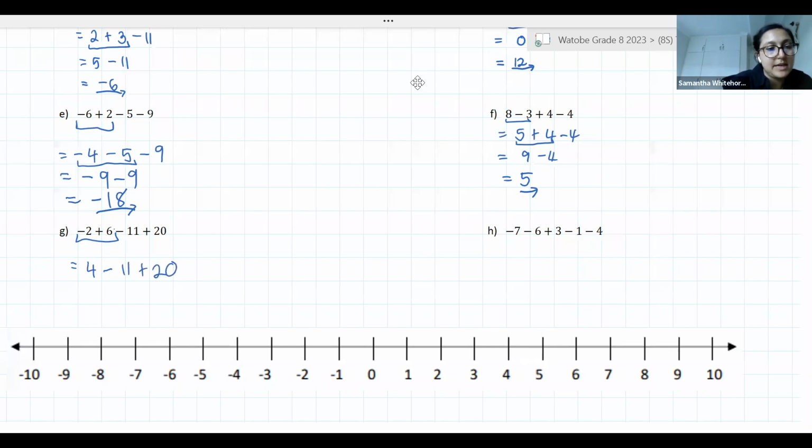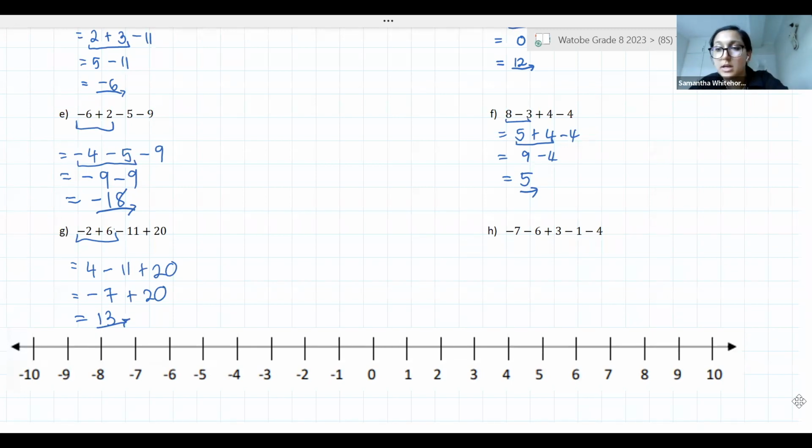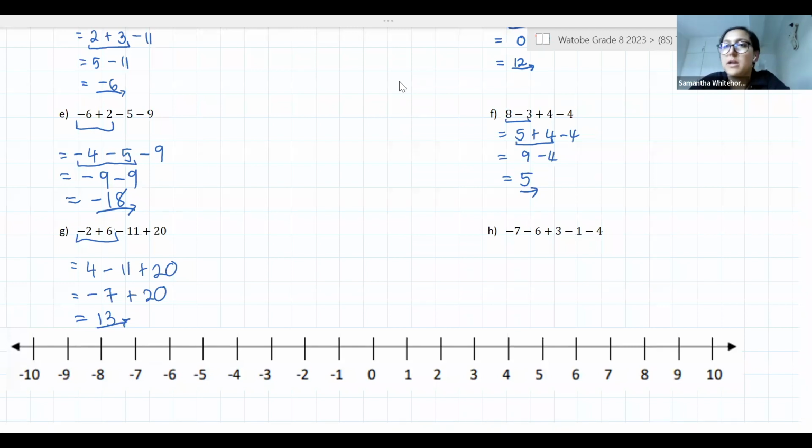So 4 minus 11 gives me -7, plus 20. And so -7 plus 20 is 13. Emily, do you agree with me? Don't worry, Emily. Don't stress, it happens to the best of us. Well done for trying.